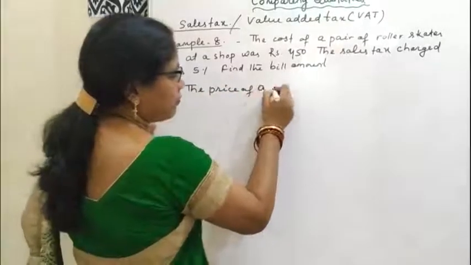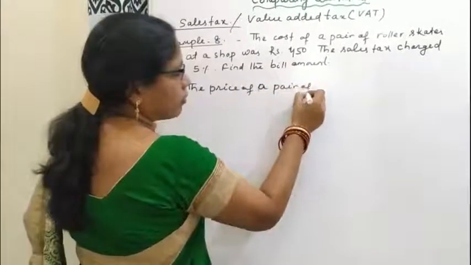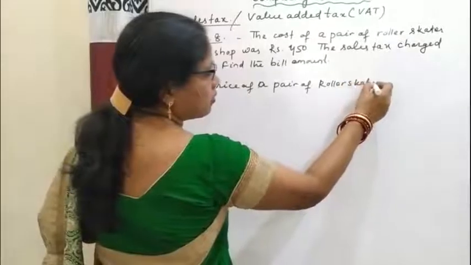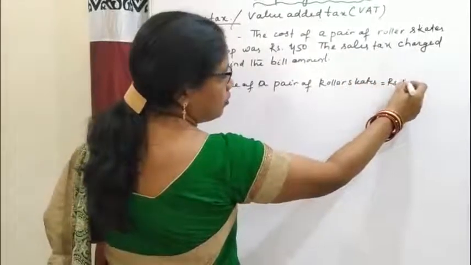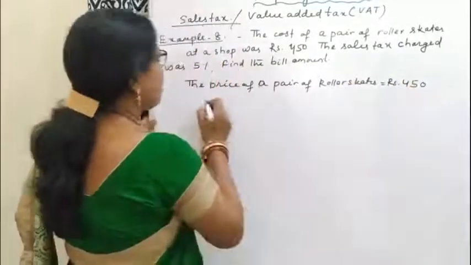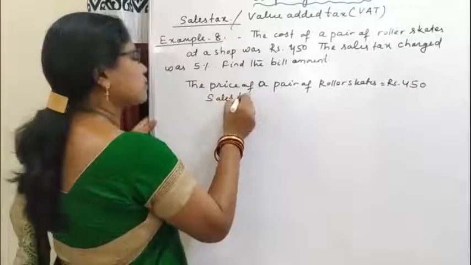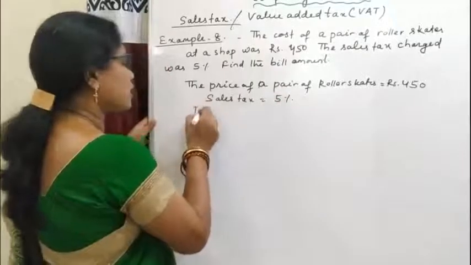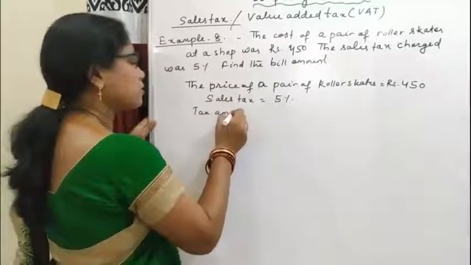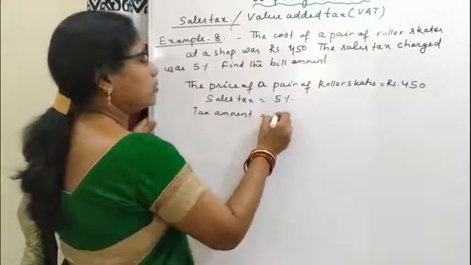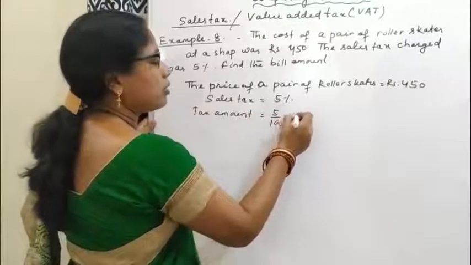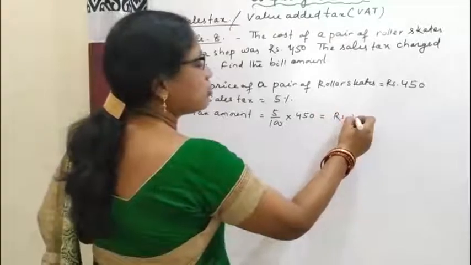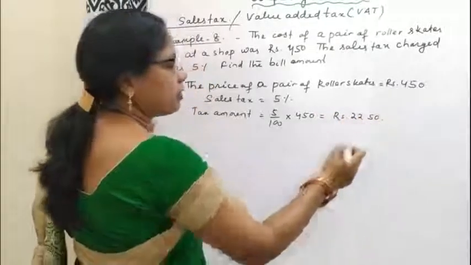So here the price of a pair of roller skates is rupees 450 and the sales tax is 5%. So the tax amount is 5 by 100 multiplied with 450. So this is equal to rupees 22.50.